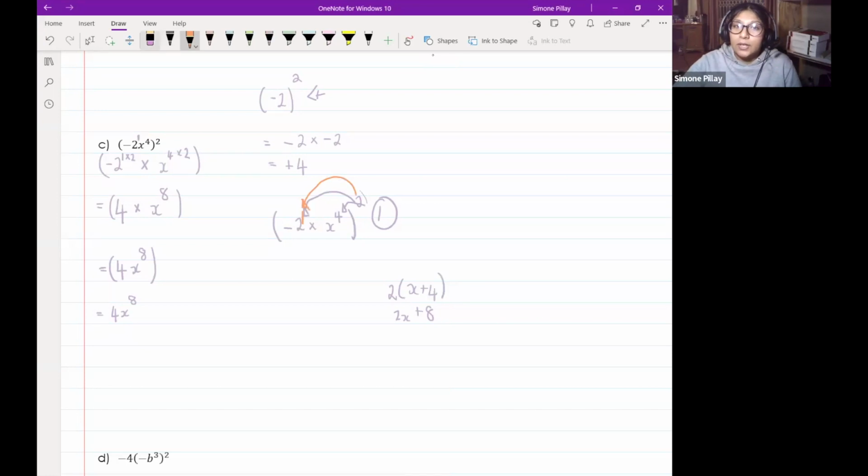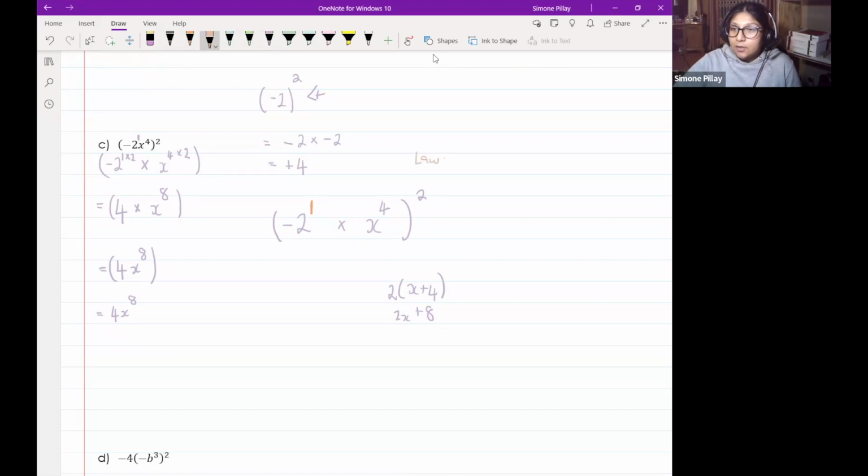And then I go ahead and let me erase this. Let me actually redo this to make it more understandable. So what I did is I said that, okay, negative 2 multiplied by x to the power of 4. And that is squared. But I know that 2 has this invisible exponent of 1. You with me there? Yes, ma'am. What I then did is I said, okay, I'm going to apply law 3.